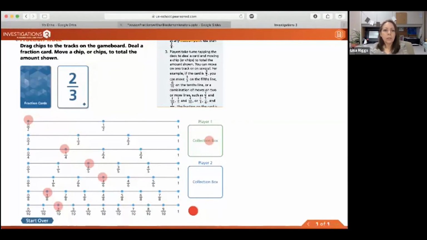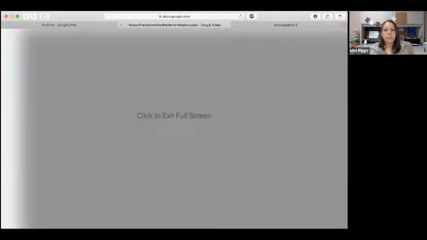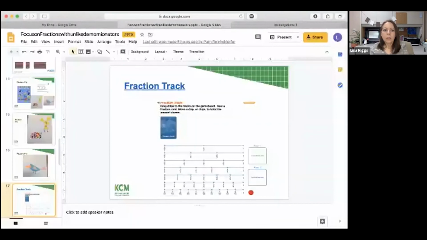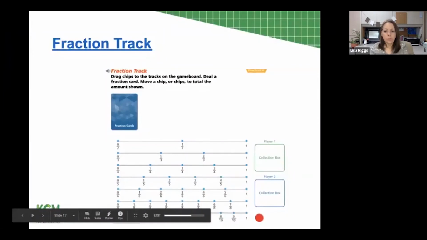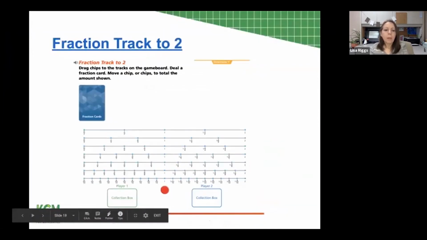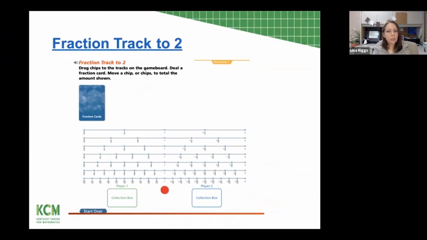Okay, having to do a little shifting around here. And they also have that same game, except rather than building to 1, this one is building to 2.